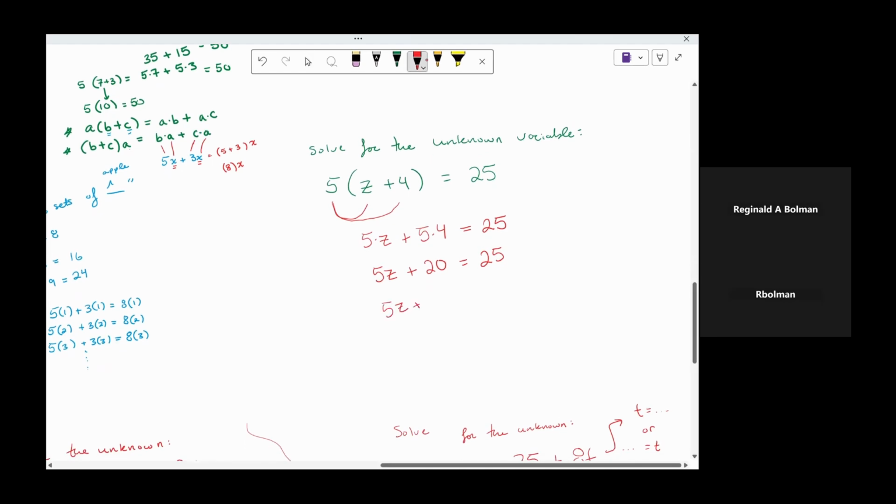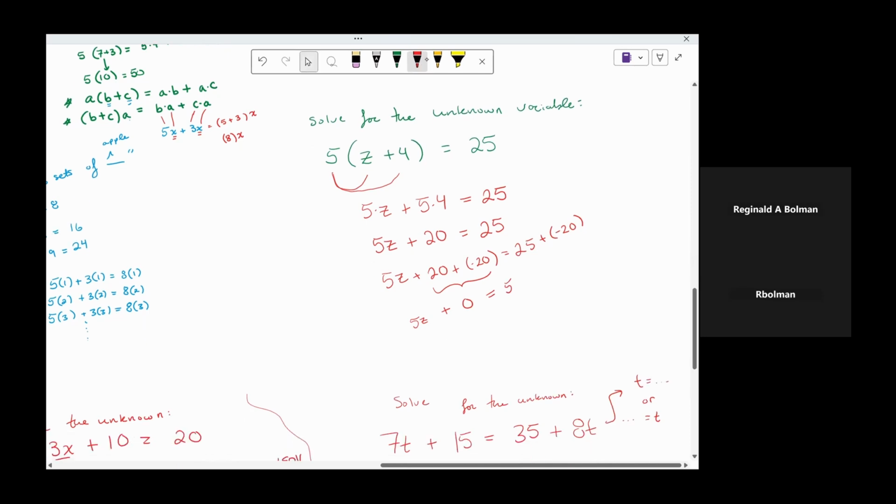Now what we have to do is add a negative 20 to both sides of our equal sign. So 20 plus a negative 20 gives you 0. So you've got 5z plus 0 is equal to 25 plus a negative 20. Well, 25 plus a negative 20 is just going to be a 5. So 5z plus 0, which is just 5z, is equal to 5.